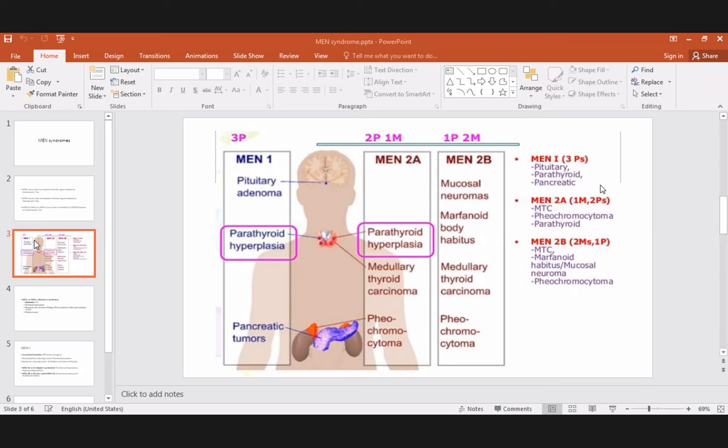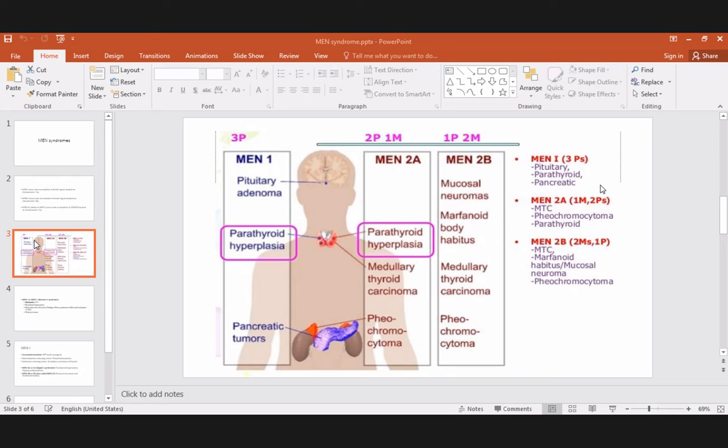So pheo with medullary thyroid with 2 Ms, we call it MMMP. If it is MMMP, it is MEN 2B. If it is MPM, we call it MEN 2A.